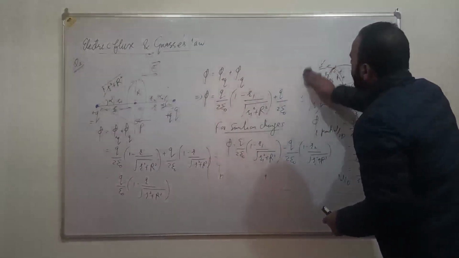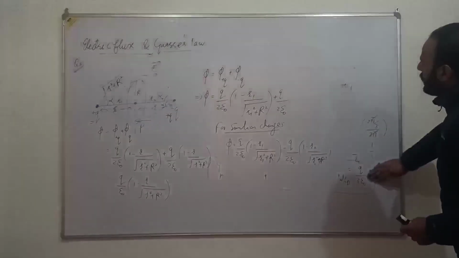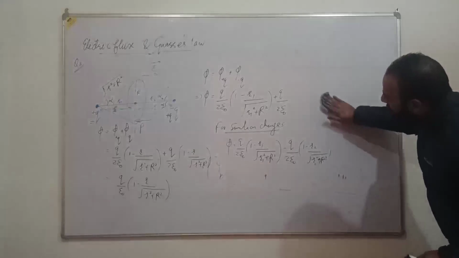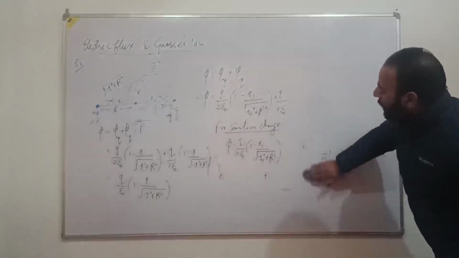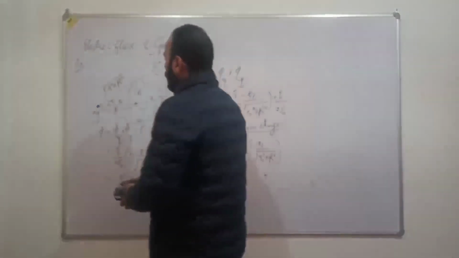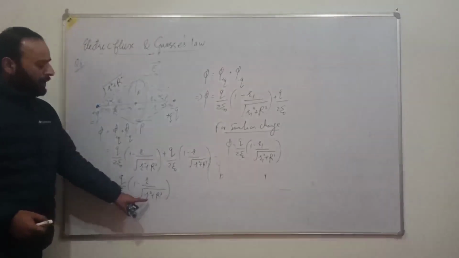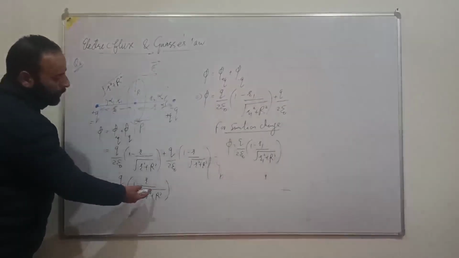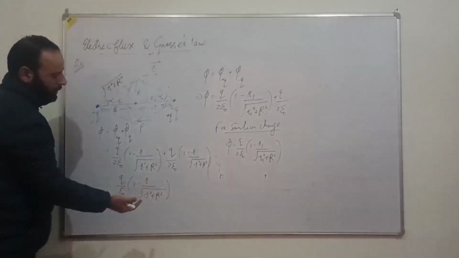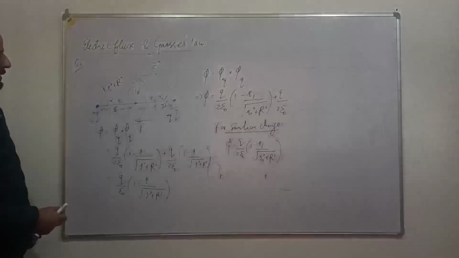The dimensions are not given, so when it is given as equatorial plane, the dimensions are infinite, which means we have to calculate the electric flux through the whole equatorial plane. So we will put this R tends to infinity, right?